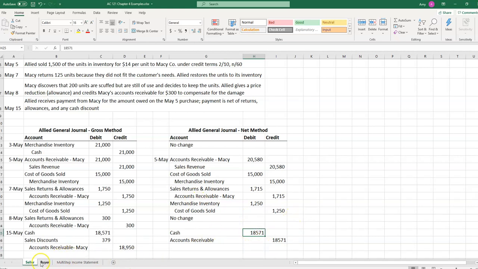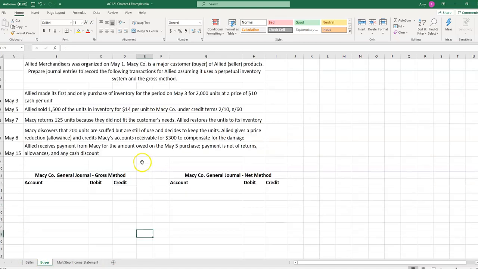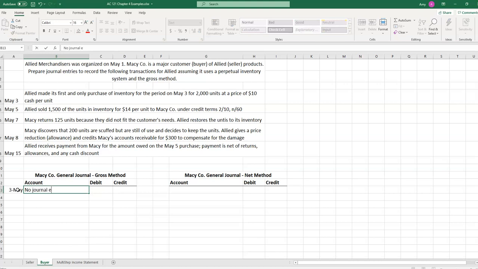Okay. Now let's look at those journal entries from the aspect of the buyer. So now we're going to look at the same transaction as the buyer. On May 3rd, Allied Company bought merchandise. There is no journal entry for this on the side of the buyer. On May 5th, we purchased inventory from Allied Company.